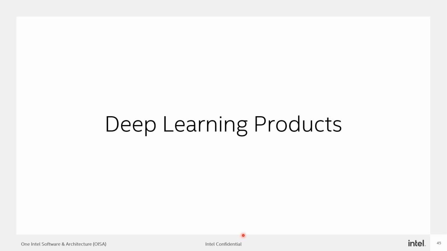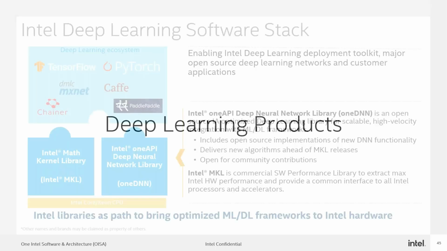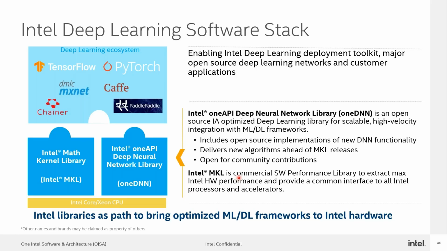Just now we learned something about the traditional machine learning products. From this slide, we will introduce the deep learning products in oneAPI. This is the Intel deep learning software stack.